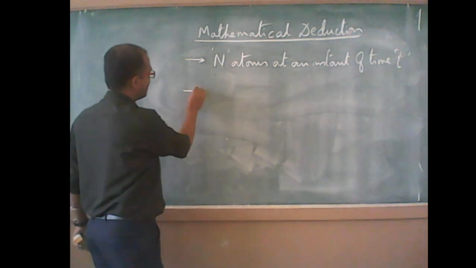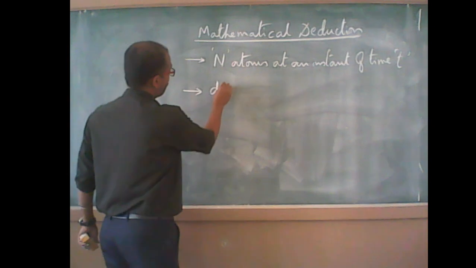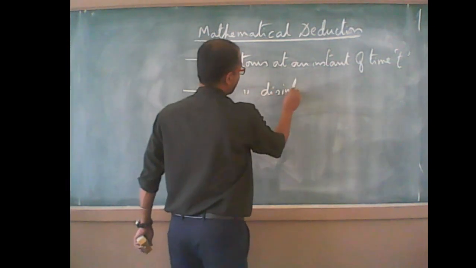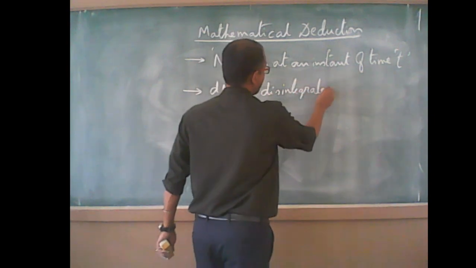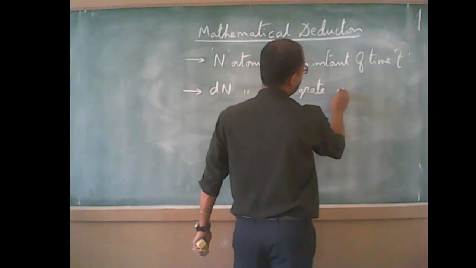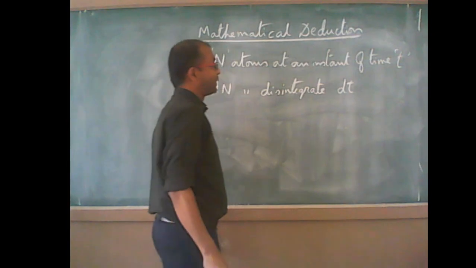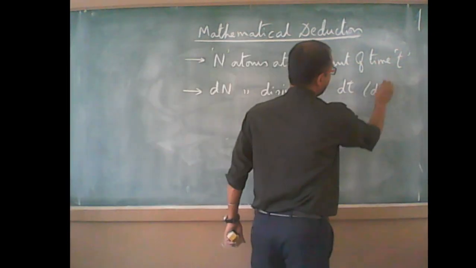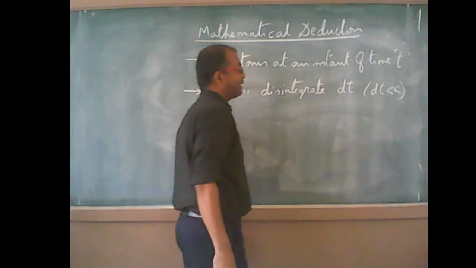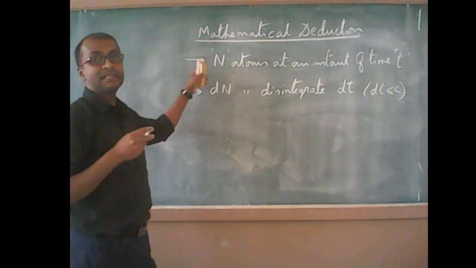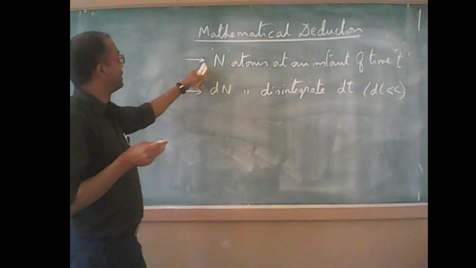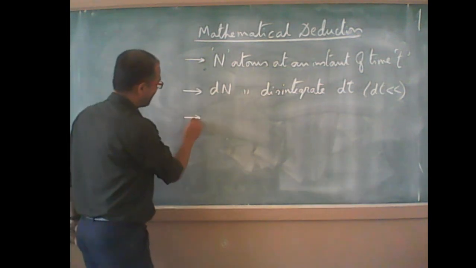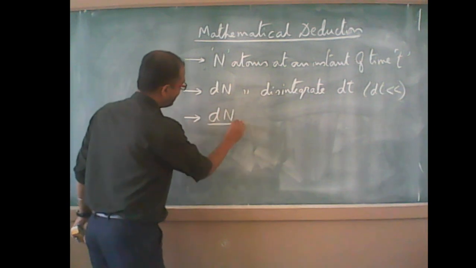Let us say that dn atoms disintegrate in a time dt. So the rate of disintegration, where dt is very, very small, of these radioactive elements at the instant of time t can be written as dn/dt.